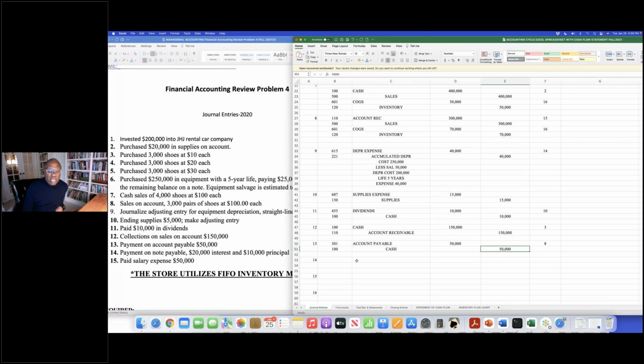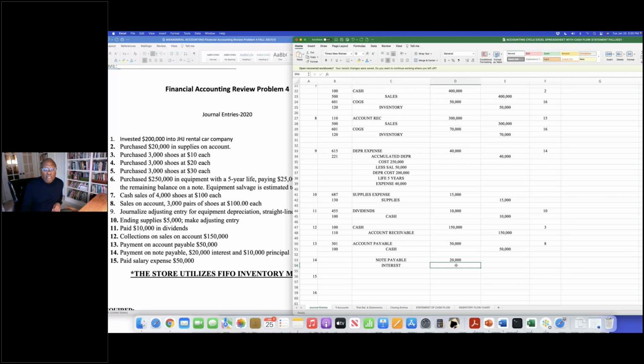So we have to pay the note payable first, and that's going to be the 20,000. We have to pay the interest too, and that's going to be the 10,000.